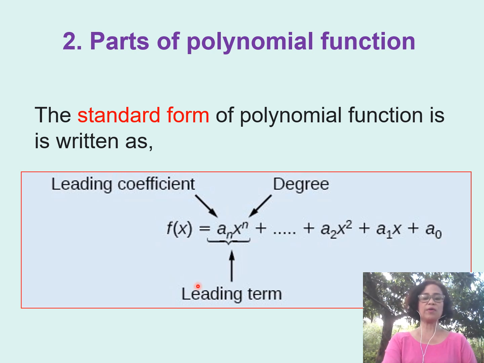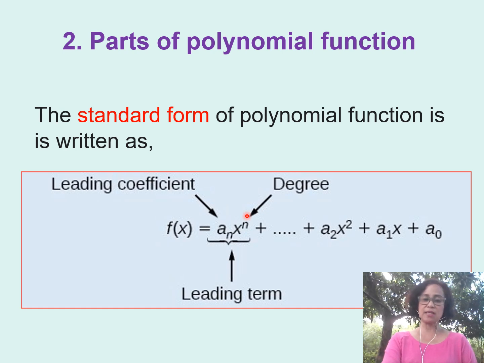There is one very important part of the polynomial function, which is the leading term. In the leading term, you can find the leading coefficient, which is represented by a, or the number before the variable x, and the degree represented by n.